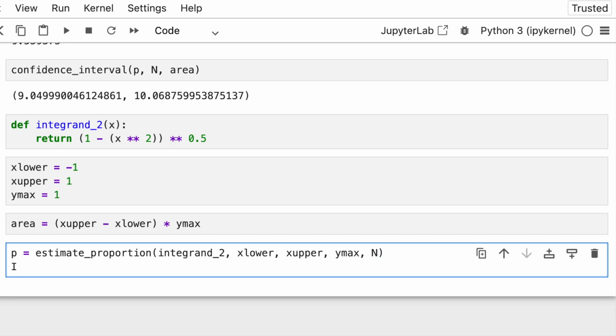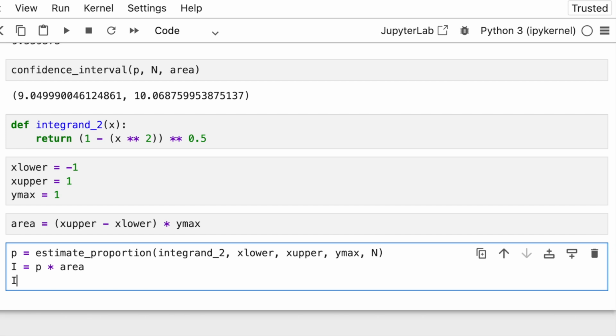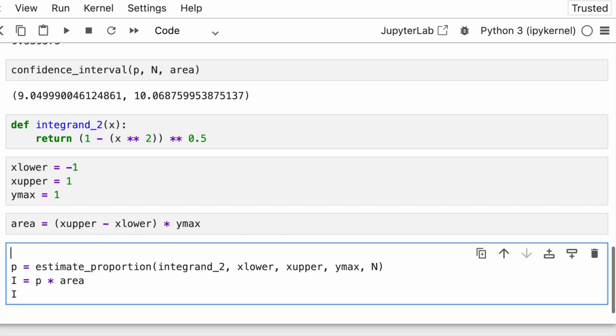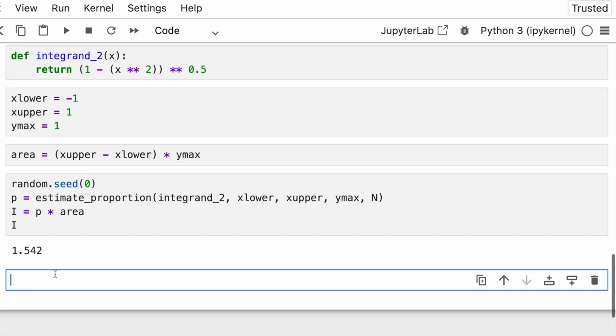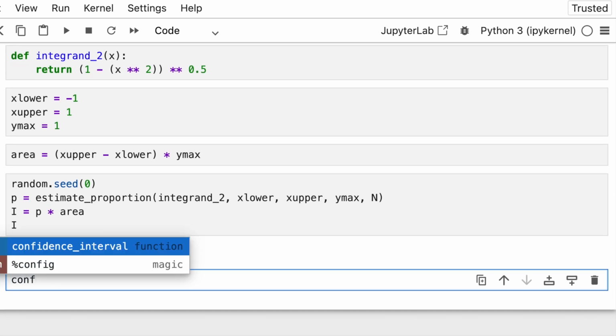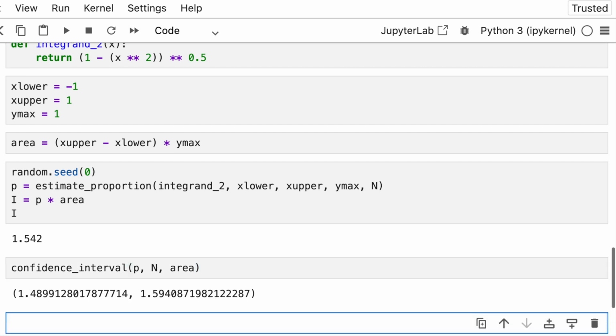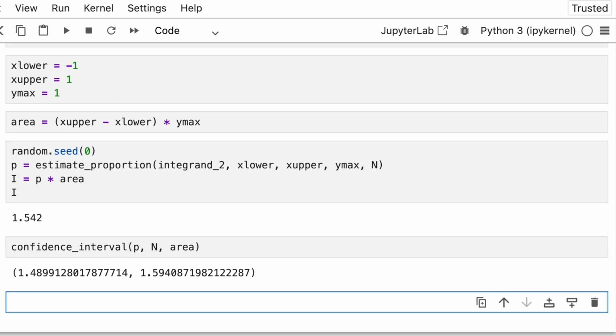Our integral is going to be our estimated proportion scaled up by the sample area. Again, let's set a random seed of 0, and we will get an estimate for our integral of 1.542. We can find the confidence interval, so we can be 95% confident that the value of the integral lies between 1.4899 and 1.594.